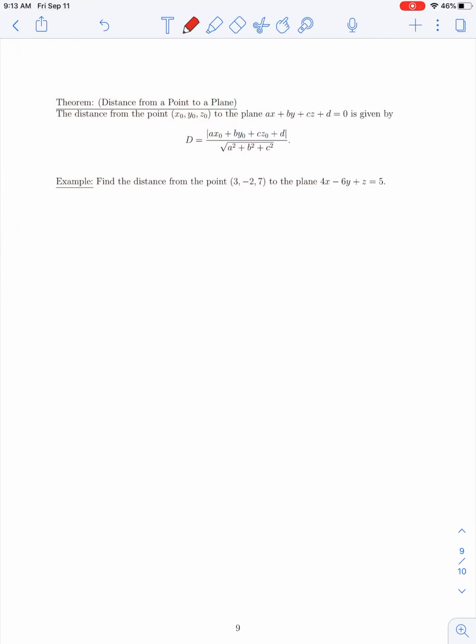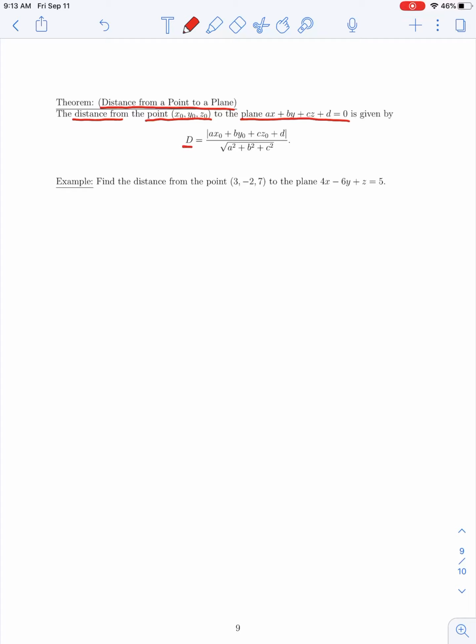We have the following theorem for that distance formula, which says that the distance from the point x naught, y naught, z naught to the plane whose equation is given by ax plus by plus cz plus d equals 0 is given by the following.